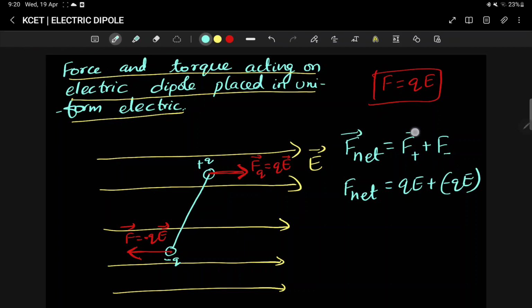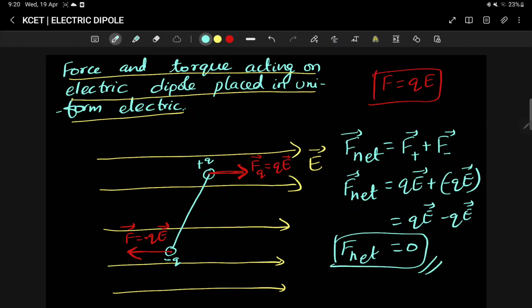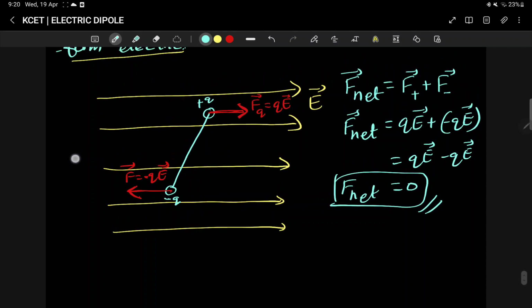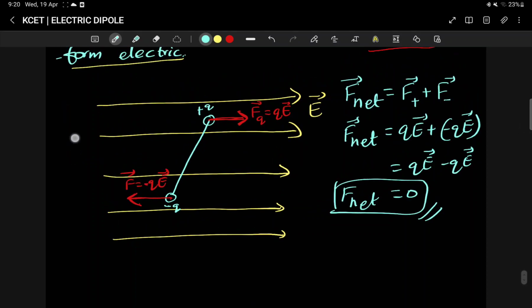You can write this in vector form also. Both are opposite vectors having the same magnitude, so net force acting on the dipole is 0. Very important concept: net force acting on a dipole is 0.